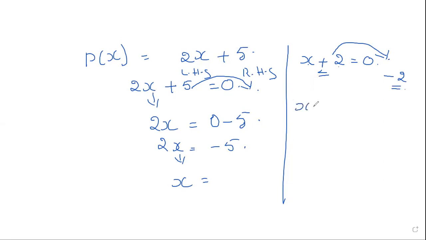For example, x minus 2 is equal to 0. So here also, same as the previous step, you have to change the sign. So here you will write +2. 0 plus 2. Now there is no plus or minus here. There is no plus or minus between the variable and the constant.